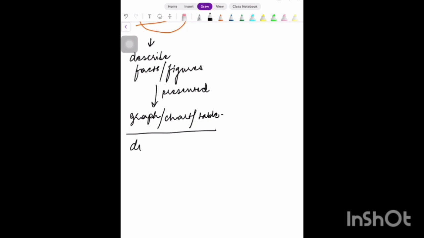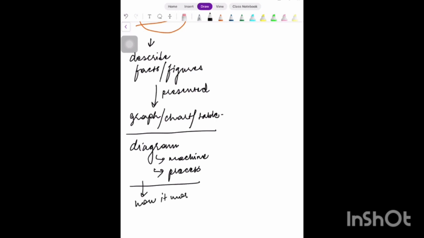A diagram can also be given, for example of a machine or a process, and you'll be asked to tell how it works. So you'll have to describe its mechanism based on looking at the diagrams and the labeling.